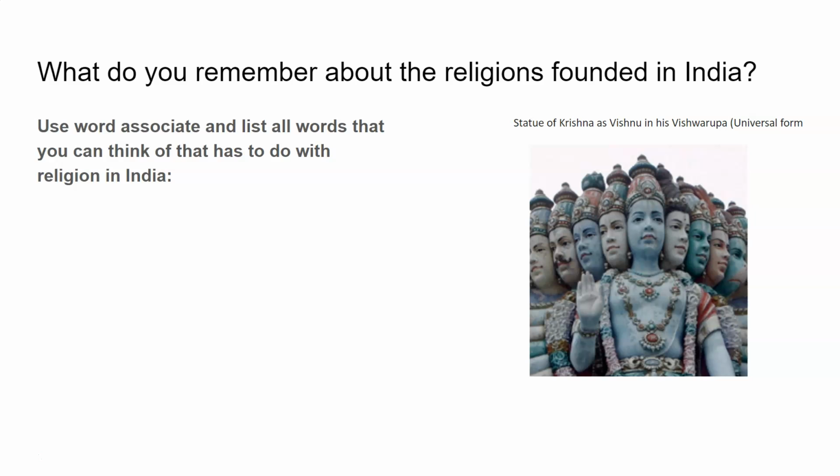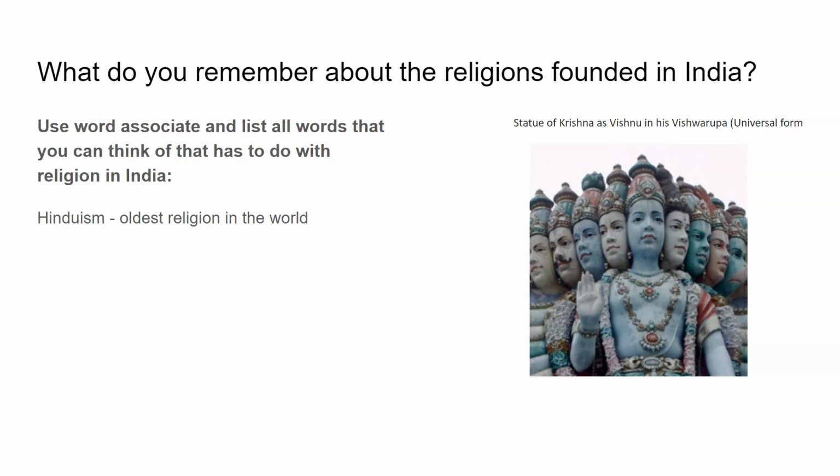We're going to use some word association and list all words that you can think of that has to do with religion in India. So I did a little brainstorming myself, tried to put myself in your shoes to come up with some of the words that I thought you would think of and recall from 9th grade. So one would be Hinduism.